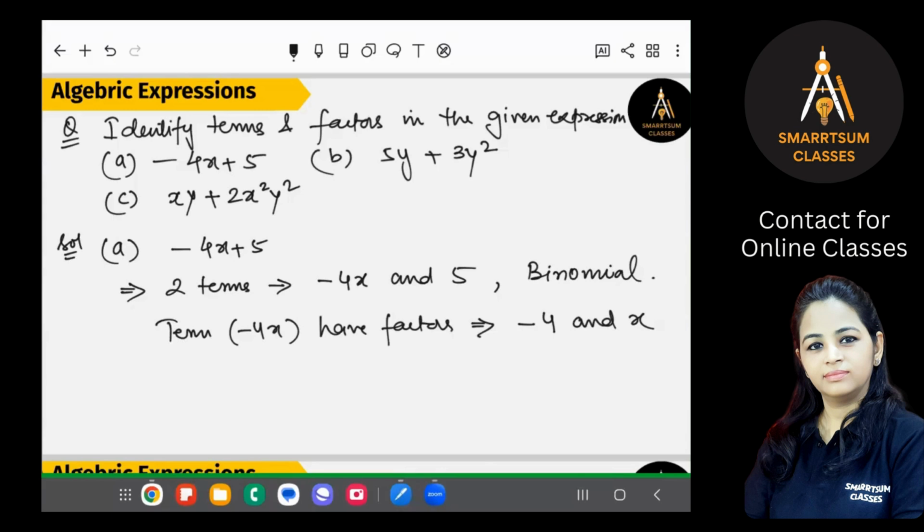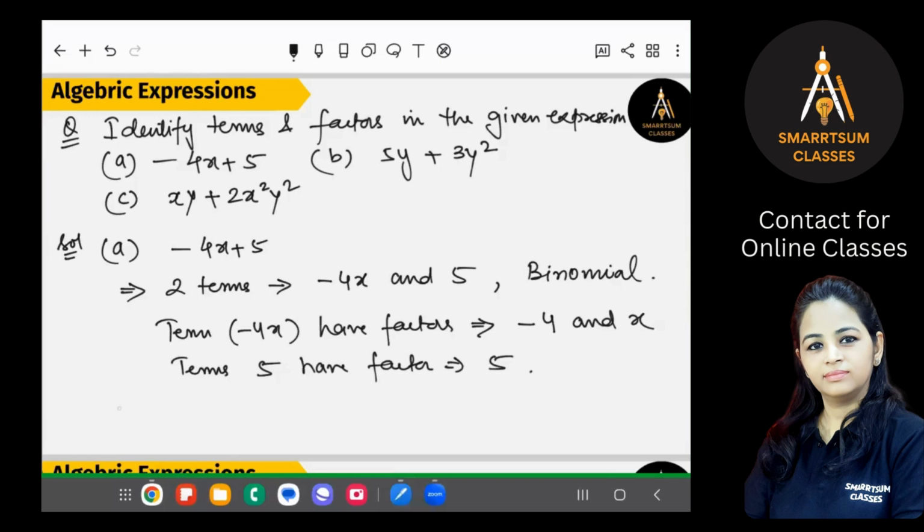So therefore, minus 4 and x are factors of minus 4x. And what are the factors of the term 5? 5 only, or 5 into 1, that is the same thing. Okay, so in this way we can identify the number of terms and the factors.